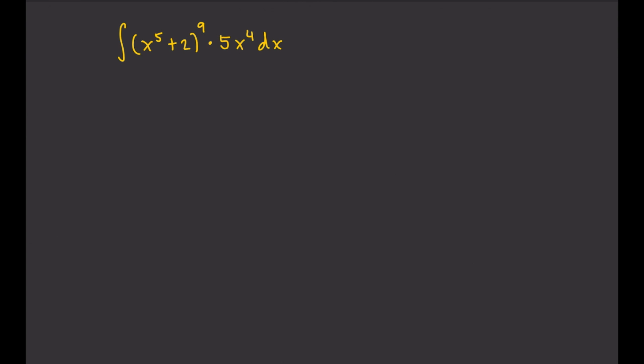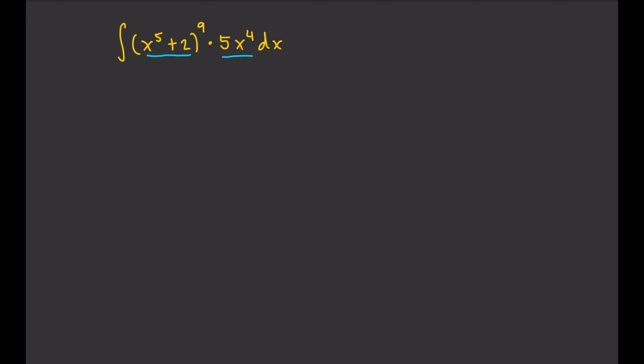And the way that you recognize how you can use substitution is by looking at factors. Okay, looking at the factors that are in your function. Here you have a factor of x to the fifth plus 2, and then you have a factor of 5 times x to the fourth.